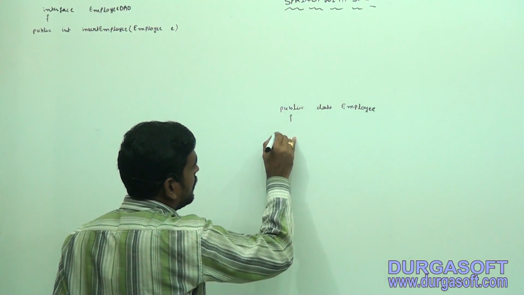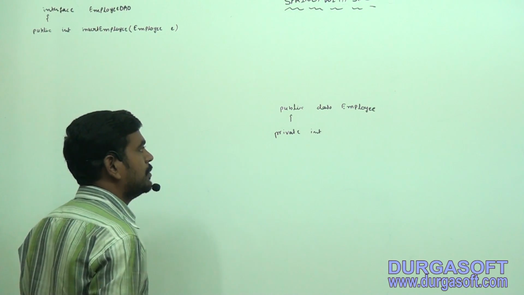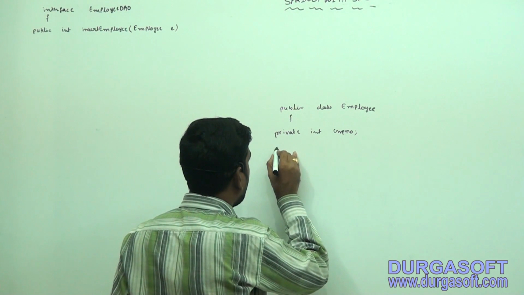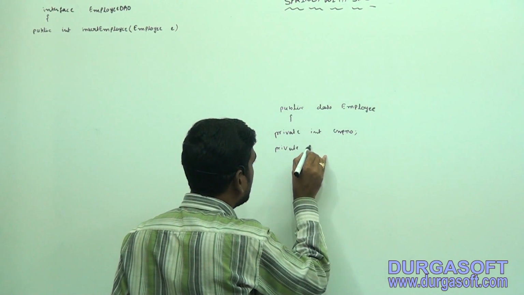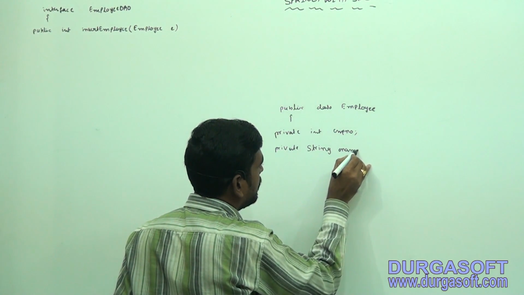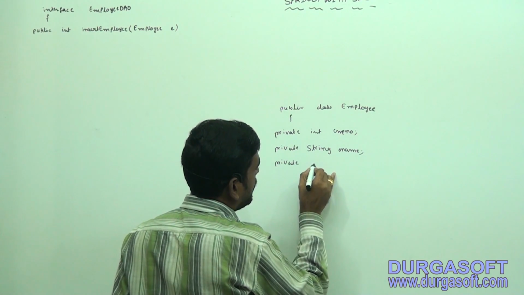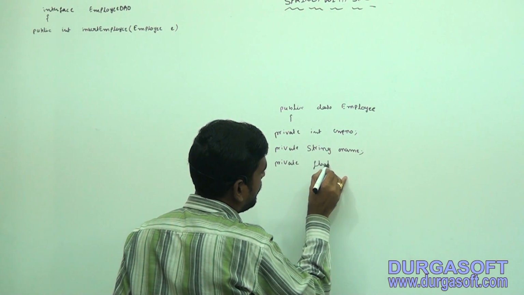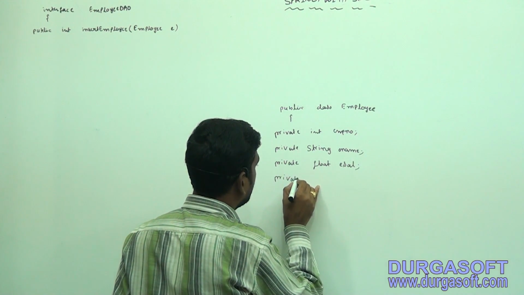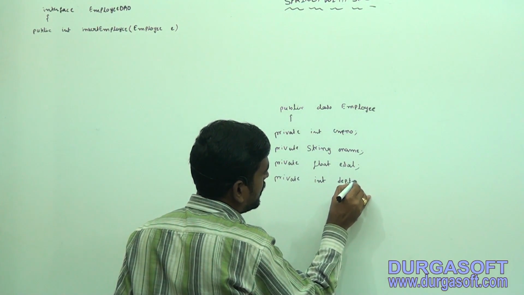Under that I take here private int empNumber, the next private String ename, the next private float esal, the next private int deptNumber.